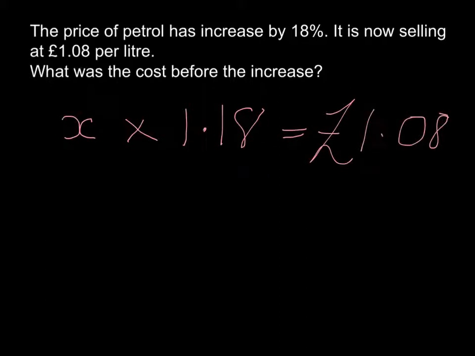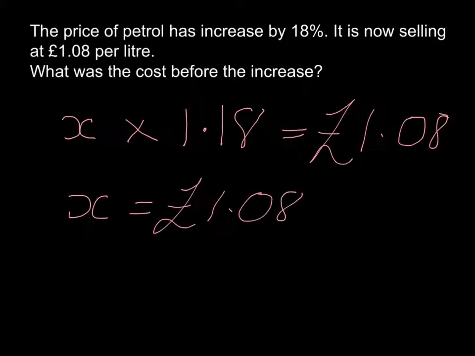£1.08. I don't want the 1.18 on this side, so I'm going to move it over to the other side. And when it goes over to the other side and it's past the equal sign, the times becomes a divide. So that's £1.08 divided by 1.18.